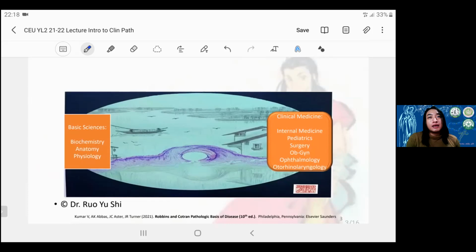This was done by a friend of mine, a pathologist in Singapore, Dr. Luo Yushi. And this represents the role of pathology as the bridge between the basic sciences as well as the clinical specialties.